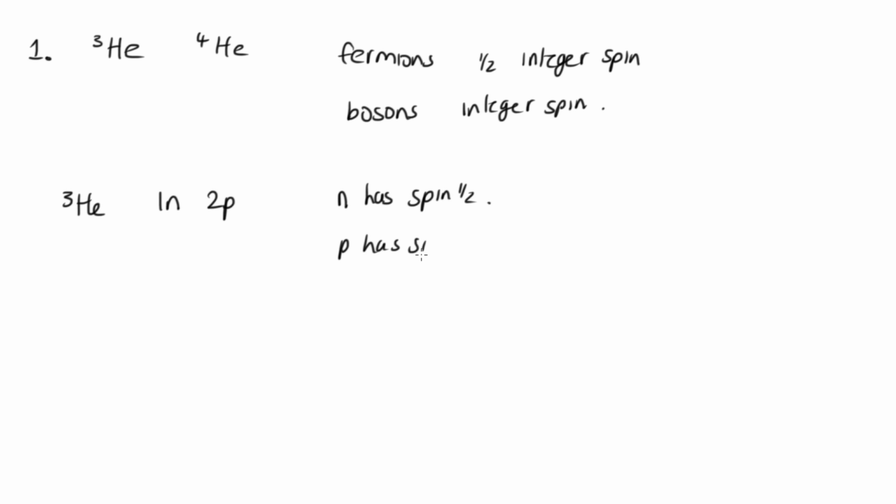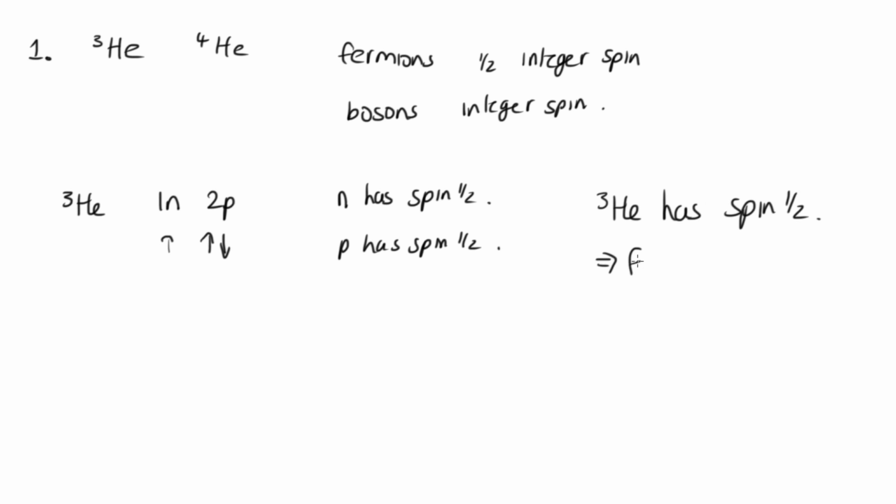So here we can have a spin plus 1/2 and a spin minus 1/2 proton. So the protons can sum together to give 0 spin, but that still leaves a neutron left over with a spin 1/2. So helium-3 has spin 1/2, and so it's a fermion.